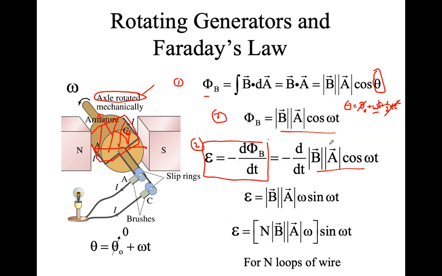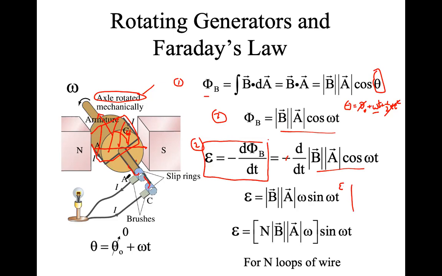That area is a constant once I build this loop. Okay, so I take the derivative of cosine. The derivative of the cosine is minus the sine, and that neatly makes that negative sign go away, but I'm still thinking about magnitudes anyway. And so what it looks like to me is the electromotive force that's going to come out at these rings right here, because this one is attached to that ring, and this one right here kind of goes right on the inside of it and is attached to there.